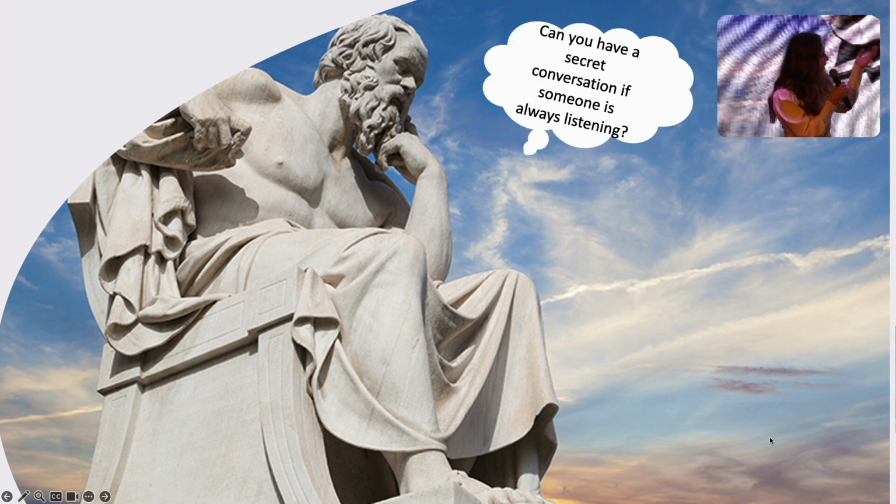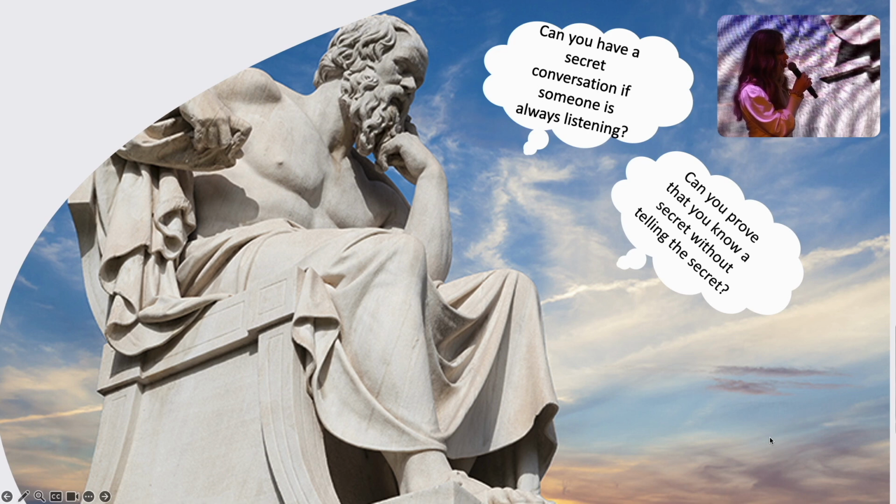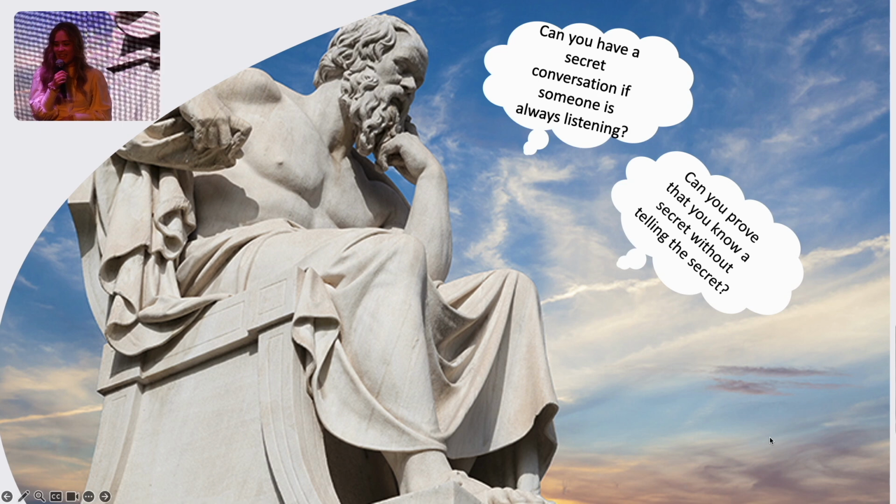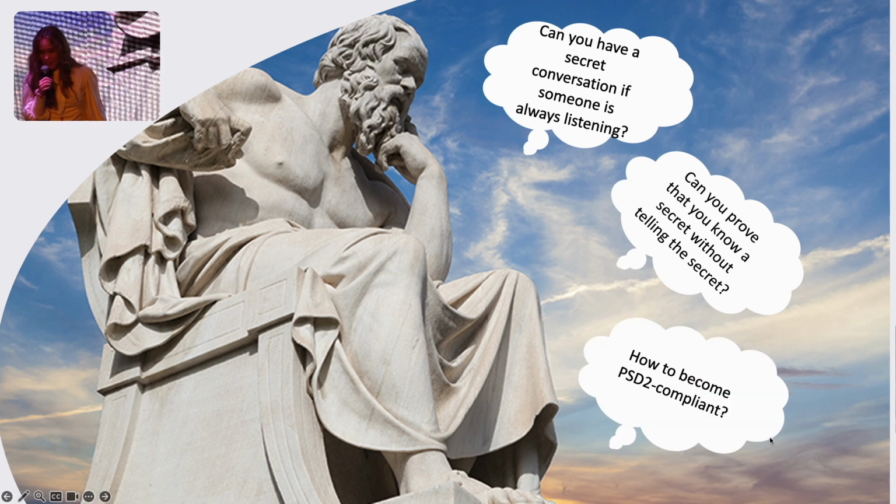So you have to be able to answer if it is possible to have a conversation, if someone is always listening, a secret conversation. You also have to be able to answer, is it possible to share that you know a secret without revealing any information about the secret at all? So without saying anything about what it is or why it is true. And the last philosophical question of all, how to become PSD2 compliant. Yes.